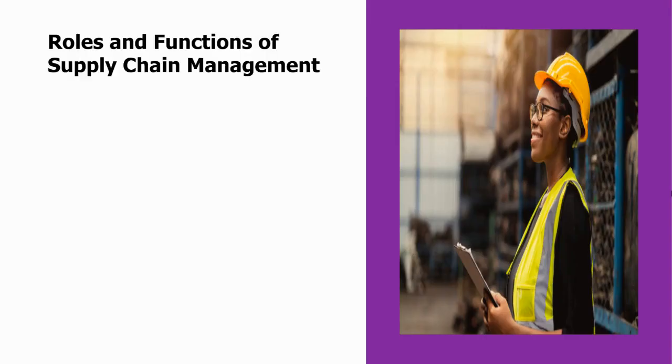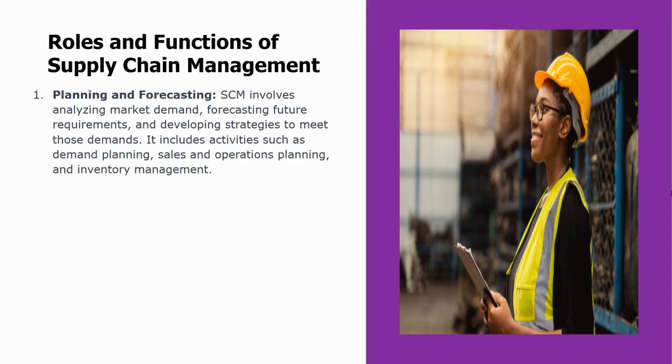Now let's explore the roles and functions of supply chain management. Number one, planning and forecasting. The first key function and role of supply chain management is to plan and forecast. The planning and forecasting will inform you on the entire supply chain process, taking it from production and leading to delivery and all that. So supply chain management involves analyzing market demand.